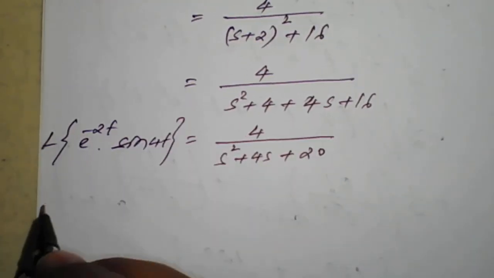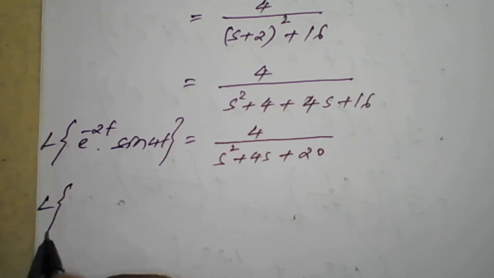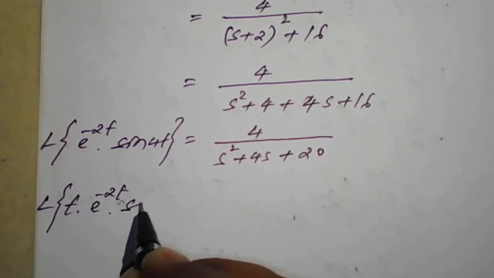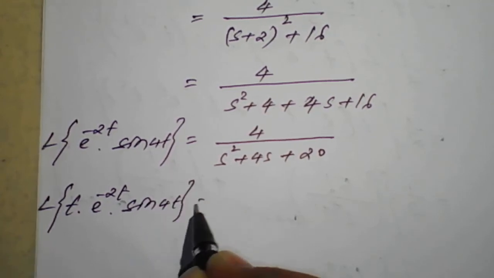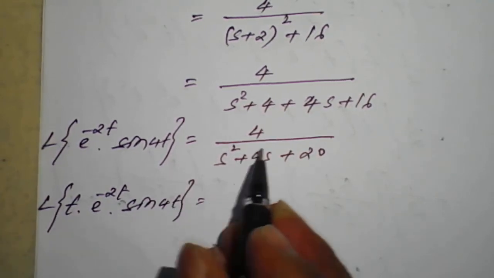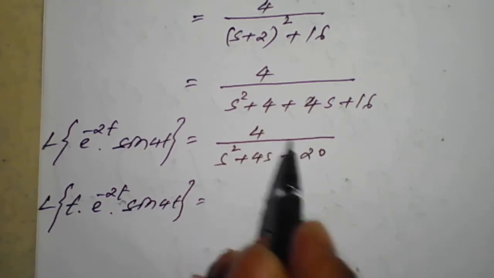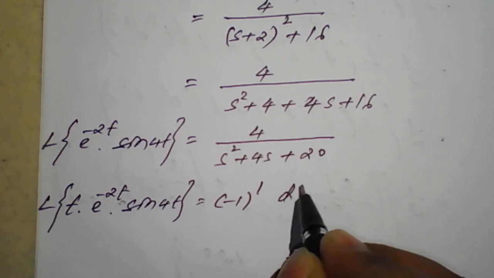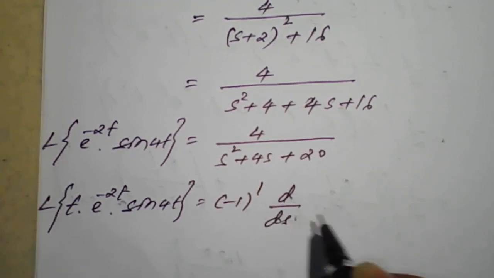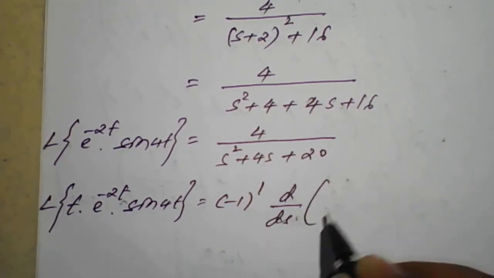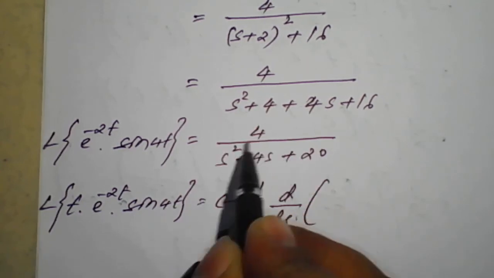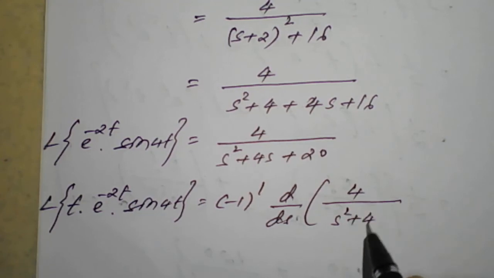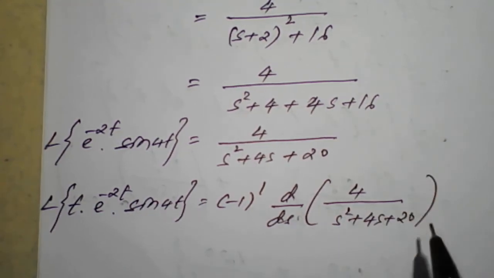Therefore the Laplace transform of t into e raised to minus 2t into sine 4t, because of this t multiplied, we apply property number 2, so it will be minus 1 raised to 1, d raised to 1 upon ds raised to 1, because the n value is 1, and we need to differentiate. This is our f dash of s, which is 4 divided by s square plus 4s plus 20.